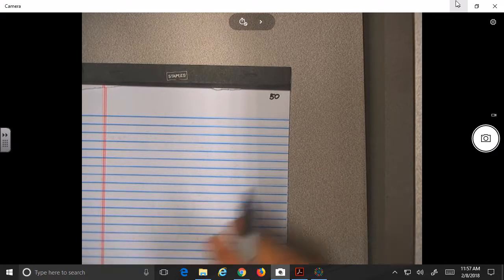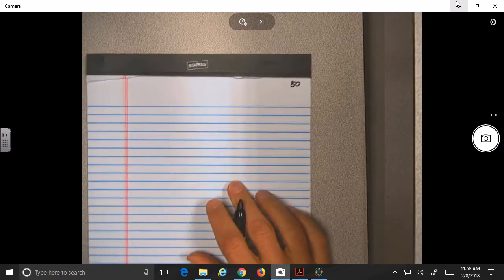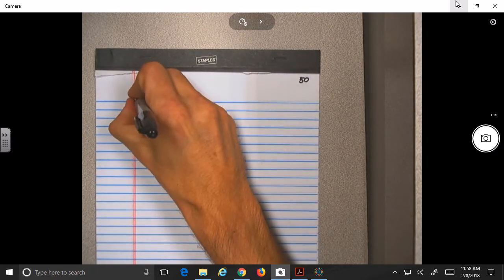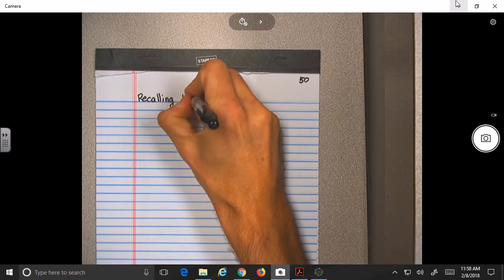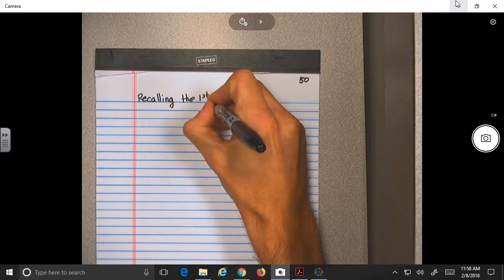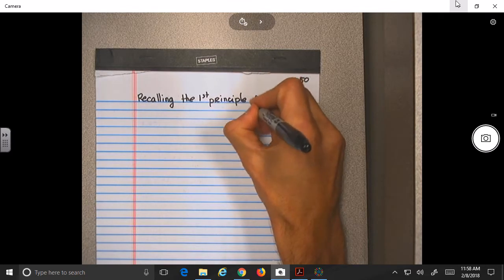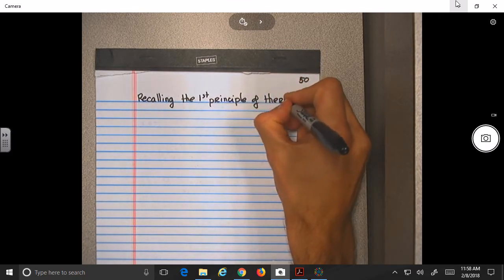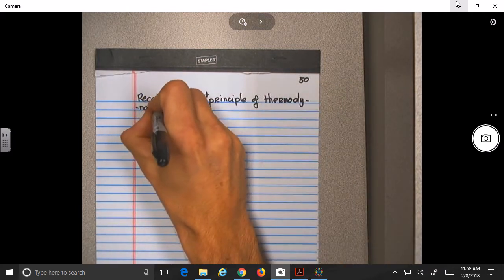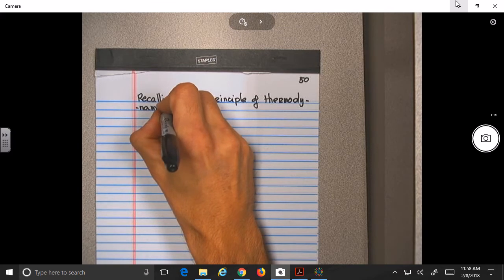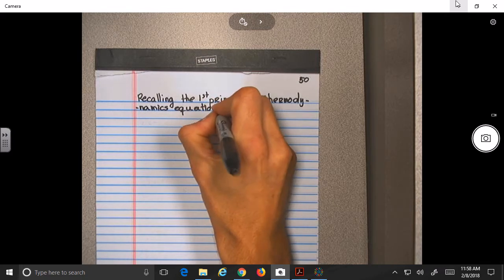All right, so over here, we're going to do something. We're going to write down, recalling the first principle of thermodynamics equation, which is what?